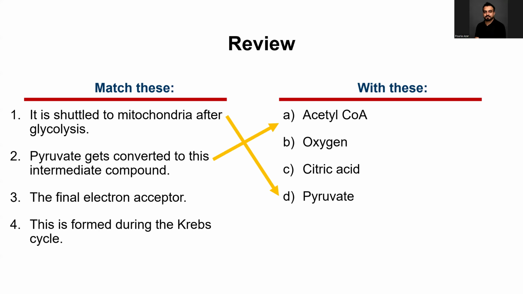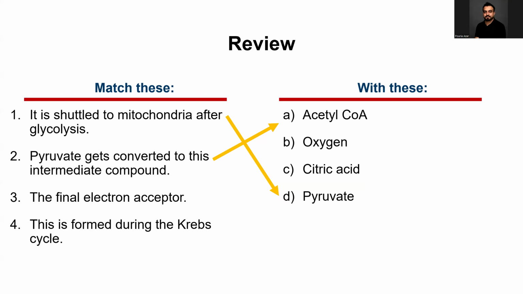Remember, pyruvate was one of the last compounds in glycolysis. And when we start oxidative phosphorylation, pyruvate has to be converted to acetyl-CoA, which is the starter of the Krebs cycle. So pyruvate gets converted to acetyl-CoA as an intermediate compound.